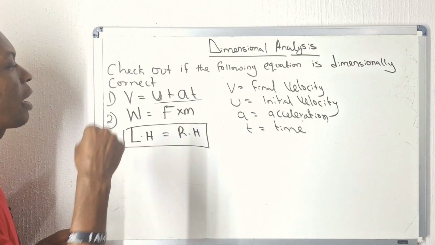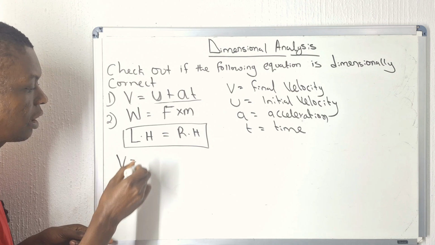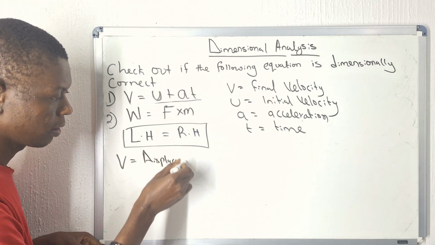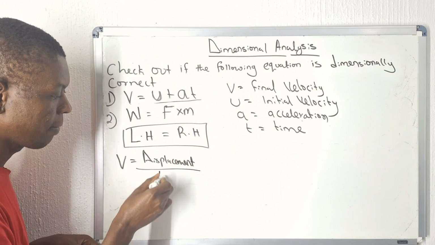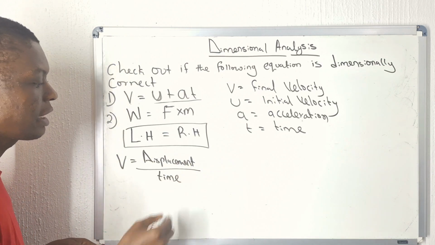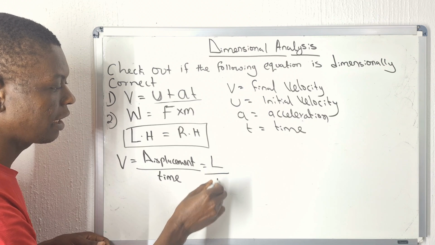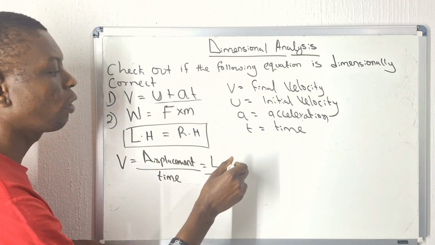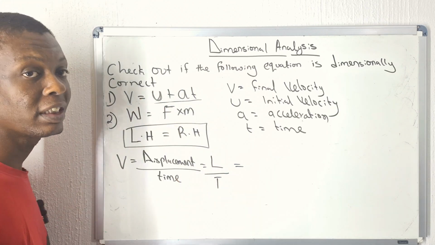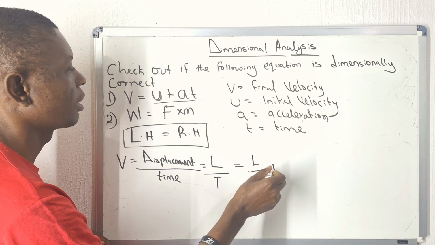So what do we have on our left-hand side? We have velocity. And what is velocity? Velocity is displacement over time. What are its dimensional units? Displacement is L, capital letter L, and time is capital letter T. It should be equal to the right-hand side. On the right-hand side we have initial velocity, which is still the same thing as velocity, L over T, plus acceleration.